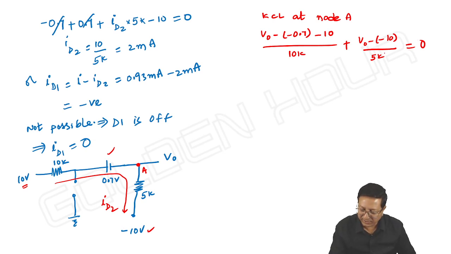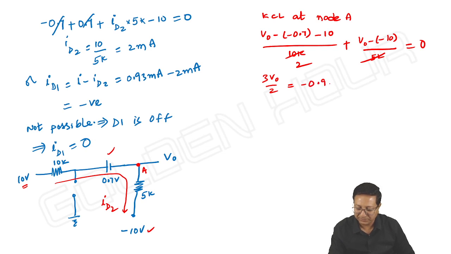Here kilo cancels, and with 5 and 2's, V output by 2 plus V output, it is 3 V output by 2, is equal to 10 minus 0.7, or I am writing here minus 0.7 plus 10 by 2 minus 10. We can take it like this. Further, how much do we get?